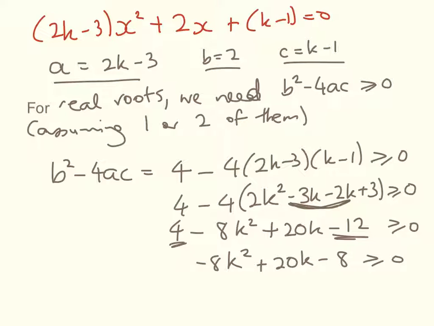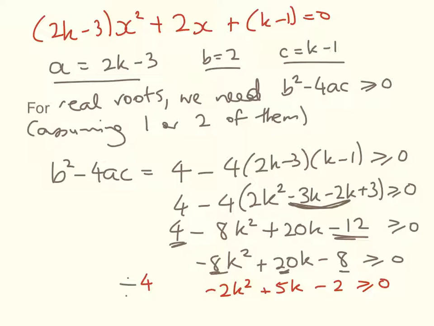Alright, now because you hate inequations so much, I'm going to do the dividing through bit slowly. So first I'm going to divide left and right hand side by just the common factor of 4. Dividing through by 4, I'm going to get negative 2k squared plus 5k minus 2.